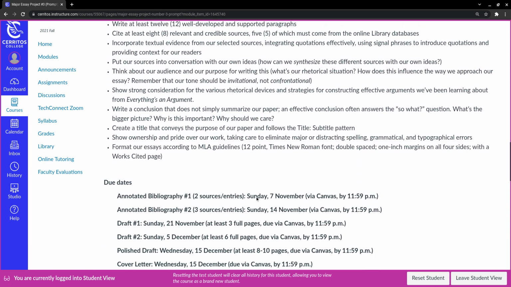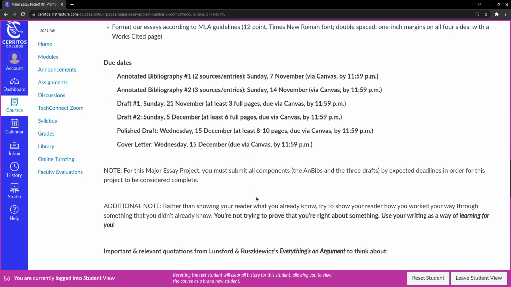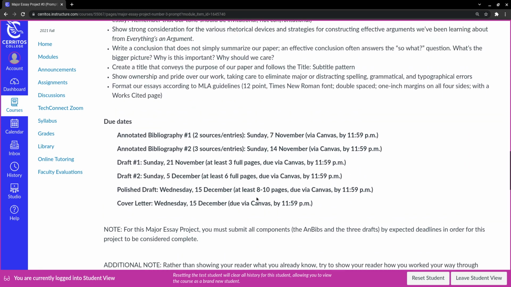All right, so our due dates for this essay project are as follows. Now, we have a component of this essay project called the annotated bibliography, which is split into 2 parts. And there's a separate prompt for this component of the essay project and also a separate explanation video.